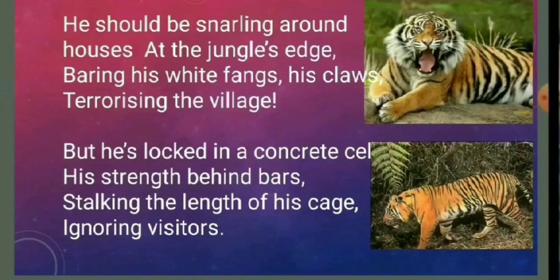It is a very strong building material. You can see in the zoo there is a big cemented boundary. His strength behind bars, and this tiger is a powerful animal. It has so much strength, and it is behind the bars inside the cage, stalking the length of his cage, ignoring visitors. What he is doing, the tiger is just stalking in the cage.